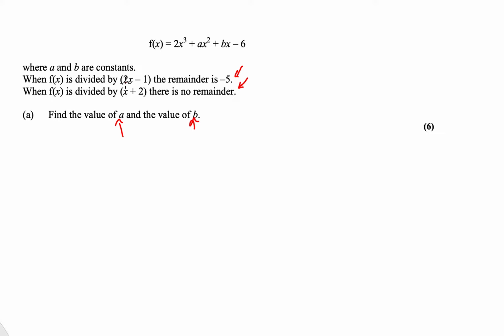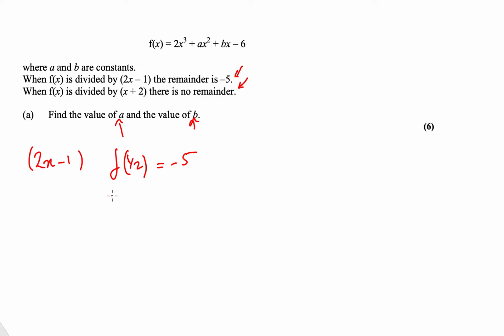So when f of x is divided by 2x minus 1, the remainder is minus 5. By the remainder theorem, we know that if f of x is divided by 2x minus 1, then f of a half is equal to minus 5.